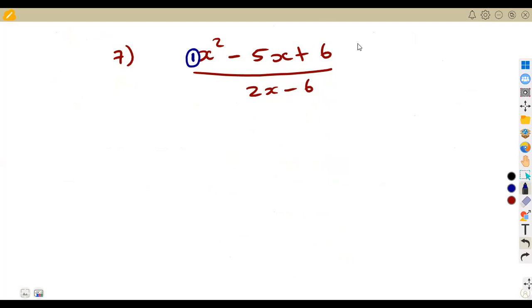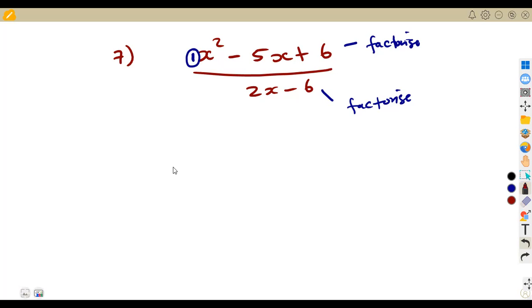Remember, guys, you are supposed to factorize. The same thing you are supposed to do in the denominator, you are supposed to also factorize and then simplify. So how are you going to factorize in this case the numerator where we are given a trinomial expression?